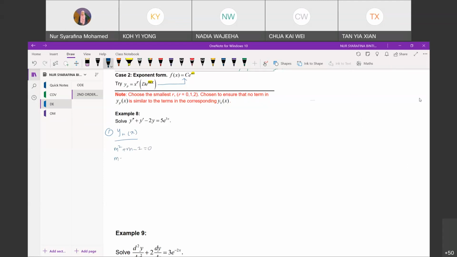Find your m, identify the types of roots, and then YH equals what? YH equals Ae^x plus Be^(-2x), where m equals 1 and -2.